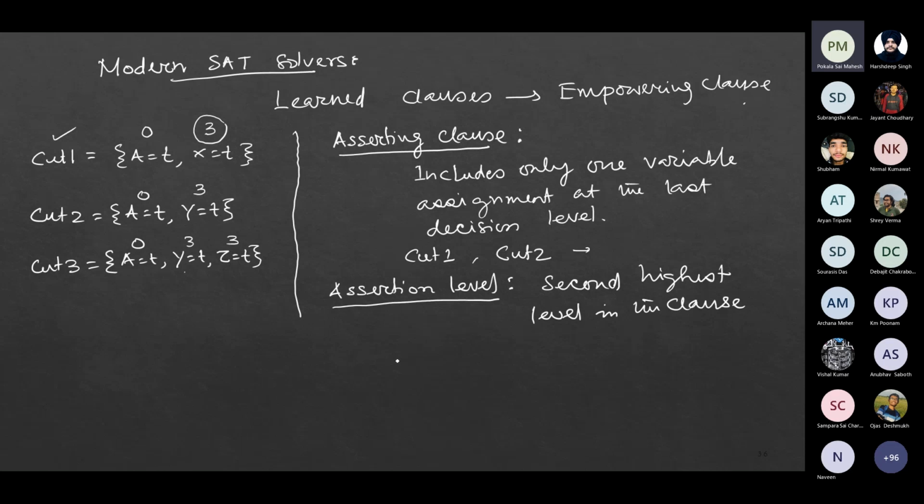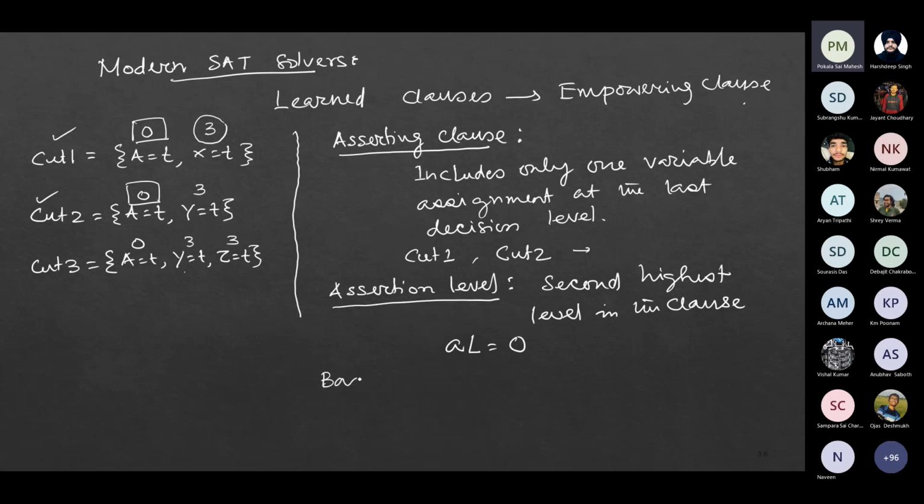So let us check. You have two qualified clauses. For this one, the second highest level is 0. And for this one, the second highest level is 0. So if we select either cart 1 or cart 2, we have got the assertion level to be 0, right?